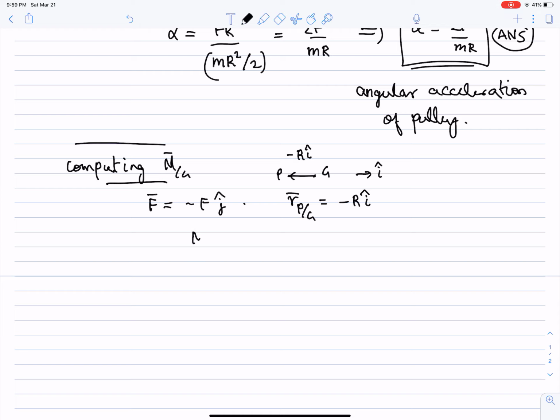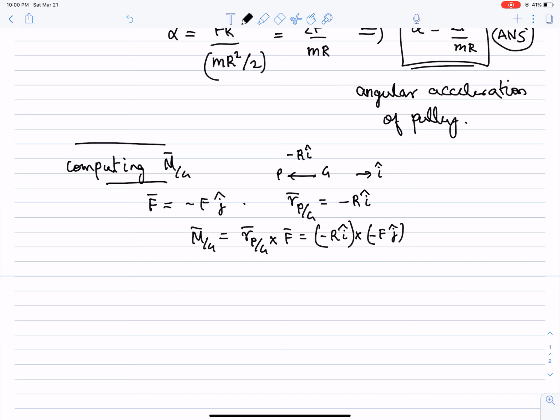So the moment equals Rp with respect to G crossed with the force F, which gives minus Ri crossed with minus Fj. Notice that these are cross products.